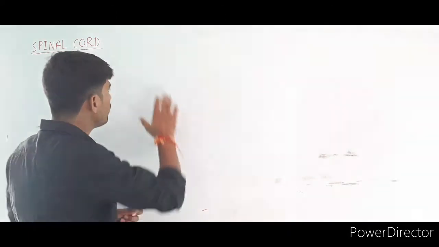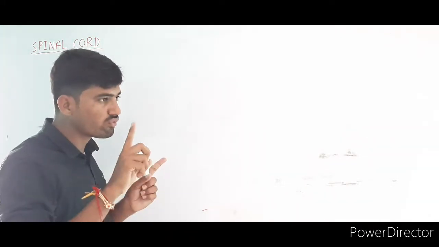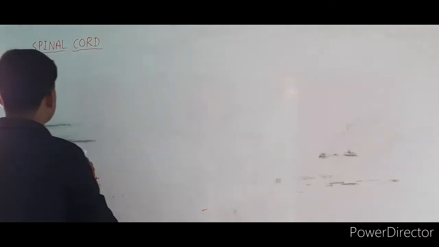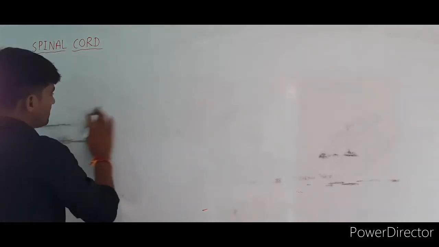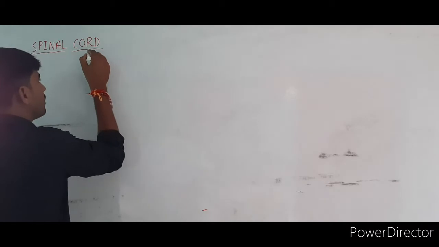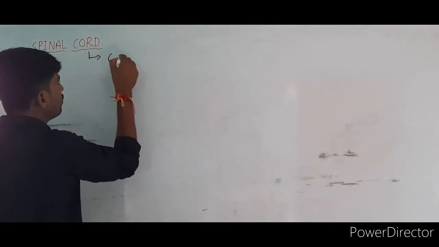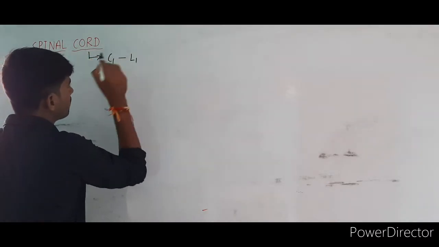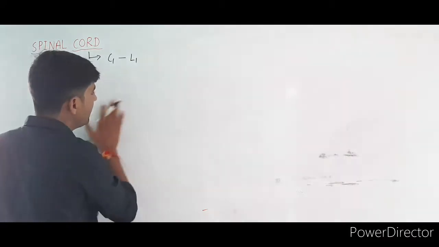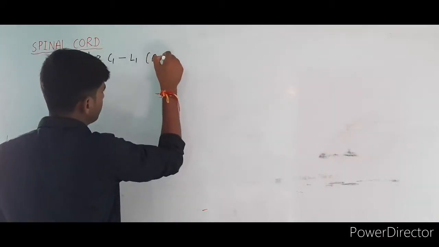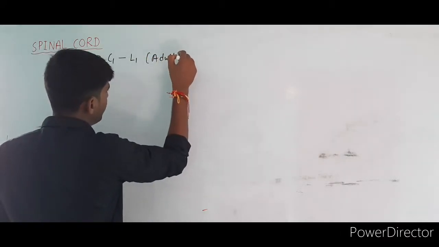So first of all, the spinal cord. Can you tell me the extension of the spinal cord, from where to where it extends? The spinal cord extends from C1 to L1 in adults.